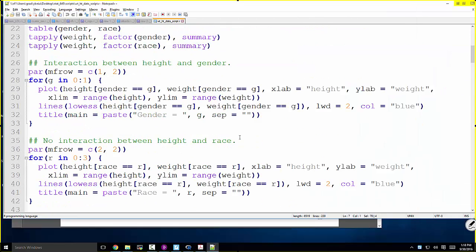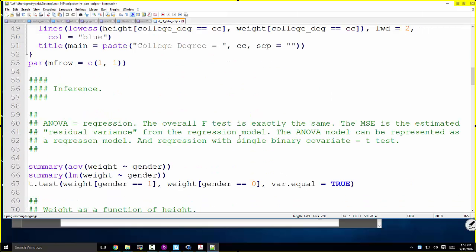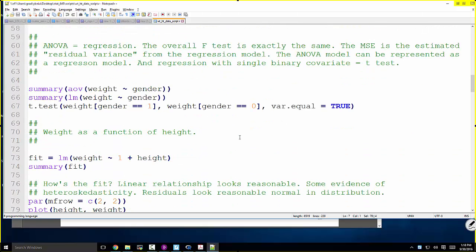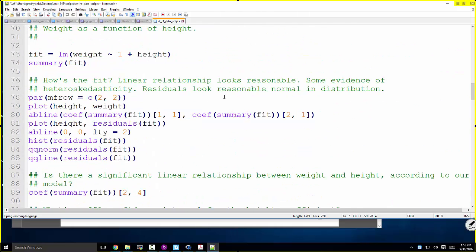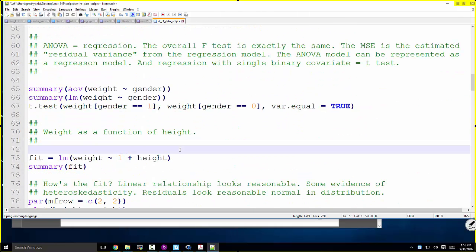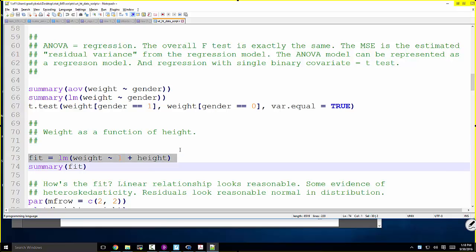Okay, let me find a regression model down here. Here's one regression model that we could do. Let's model weight as a linear function of height. Lm is R's function for doing linear models.